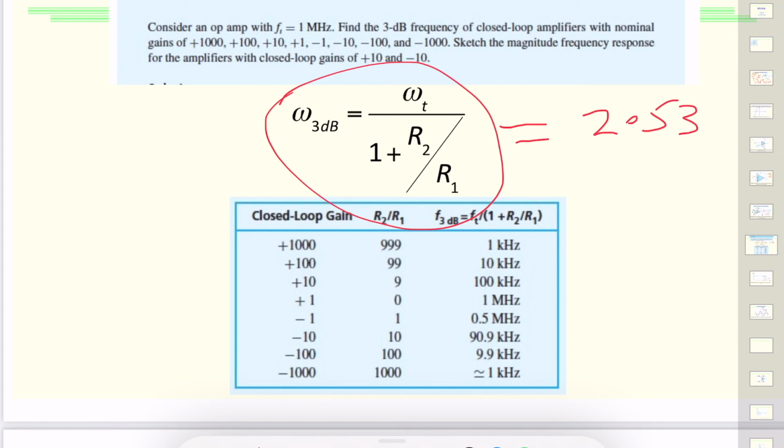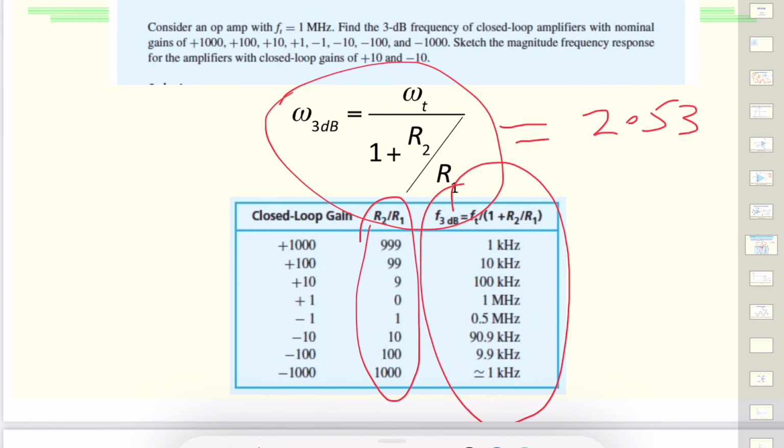For different gains, we get the R2 over R1 values that have to be used to get that specific omega, and we get the 3 dB point by this. That tells us what the break frequency is for any given situation.